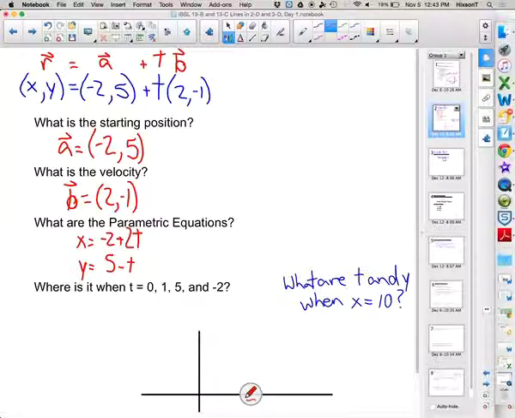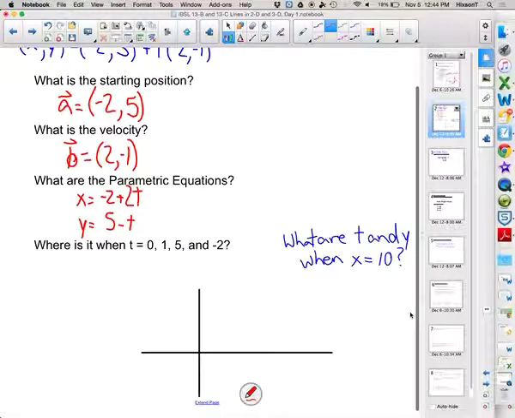Now, finding points is simply a matter of plugging in different times. So when t equals 0, where are we? -2, 5.